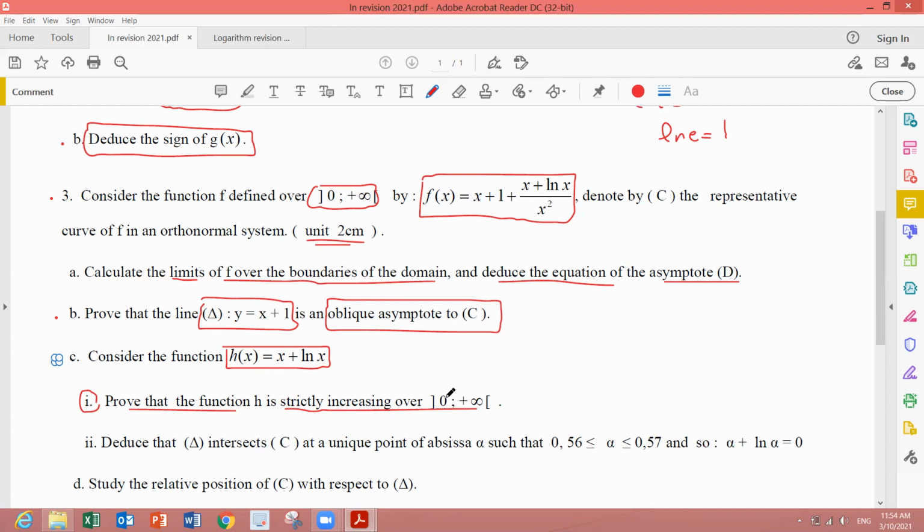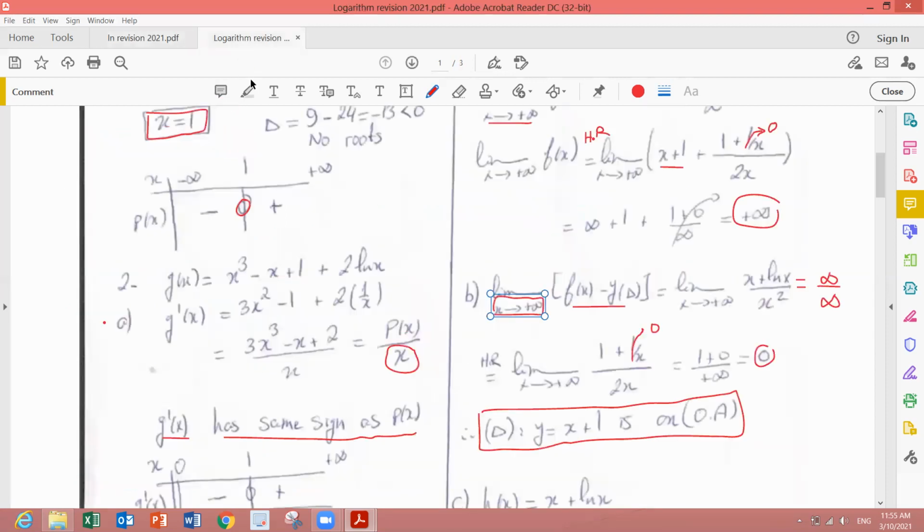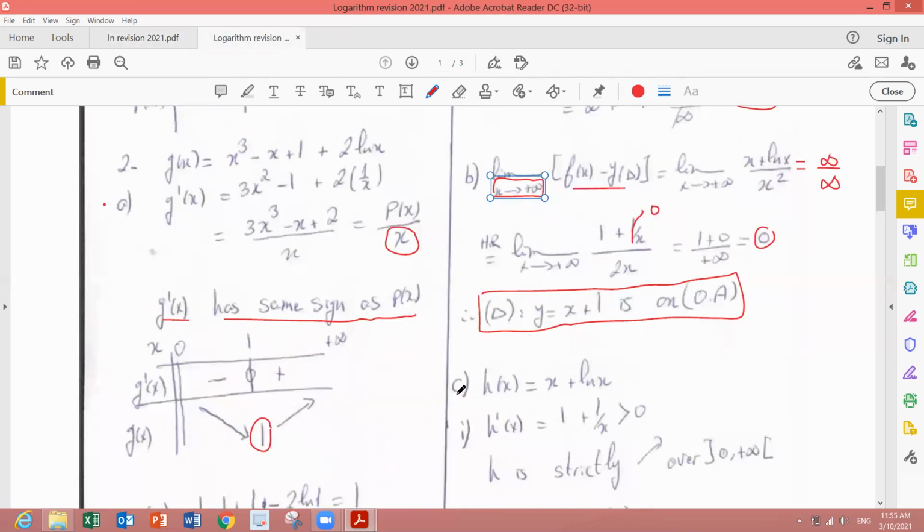We take the derivative. What should the derivative be? For the function to be increasing, the derivative should be positive. So this is h(x) equal x plus ln x. Domain is 0 plus infinity.